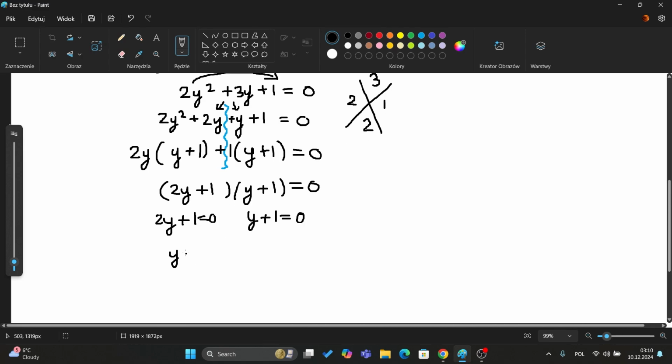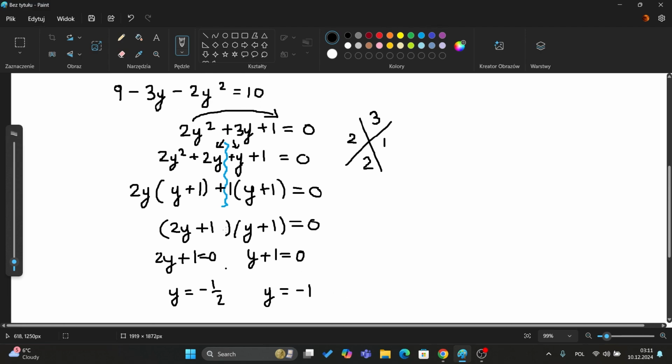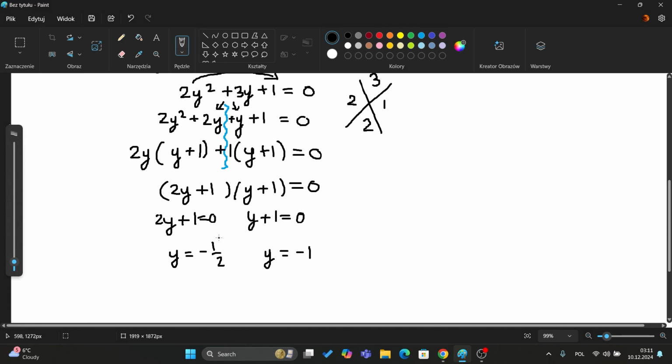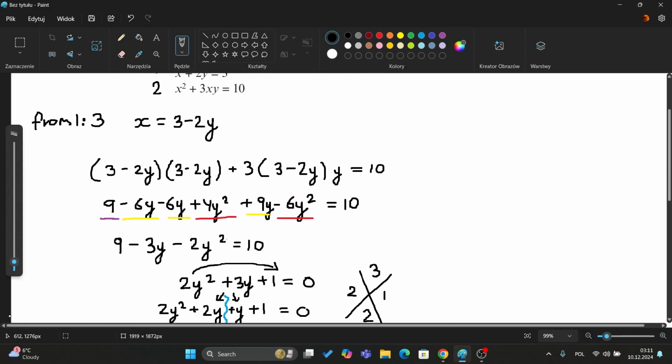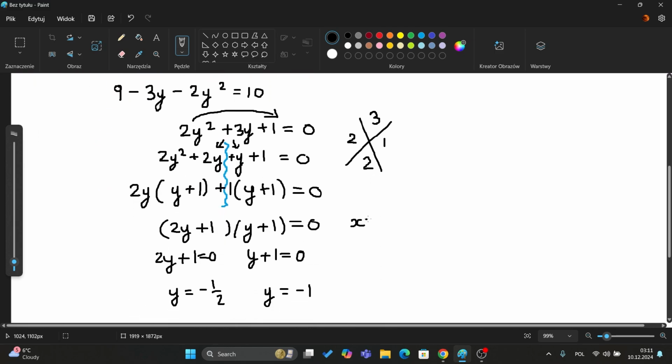And what happens, we get two values of y, which is minus a half and negative 1. Now we plug those two values of y into our equation 3 that we created from equation 1. So x is equal to 3 minus 2y.